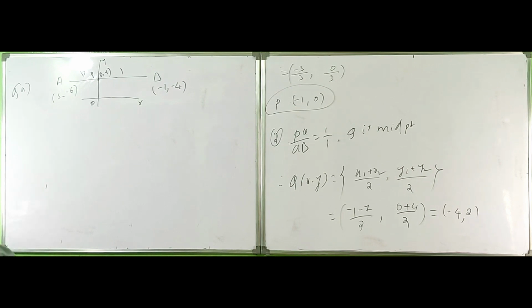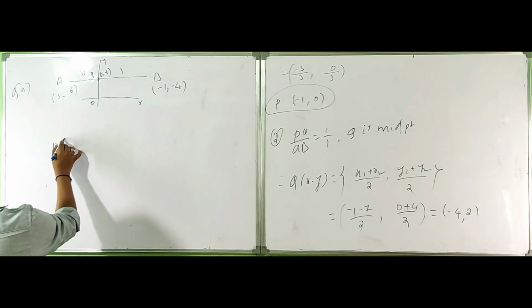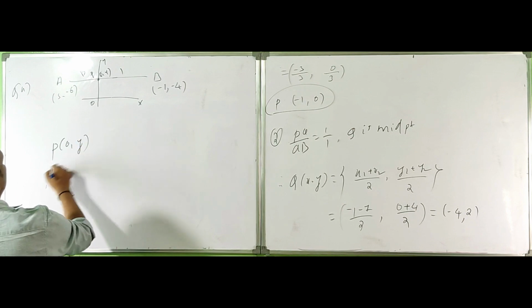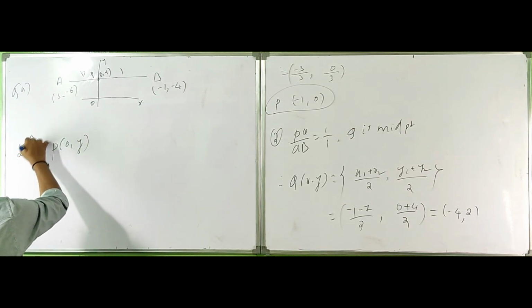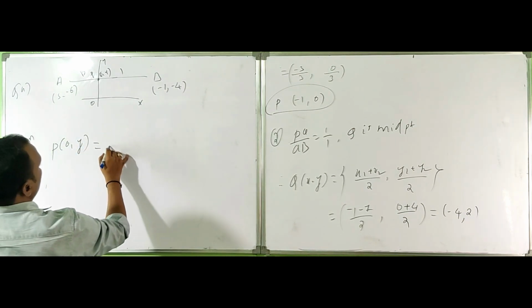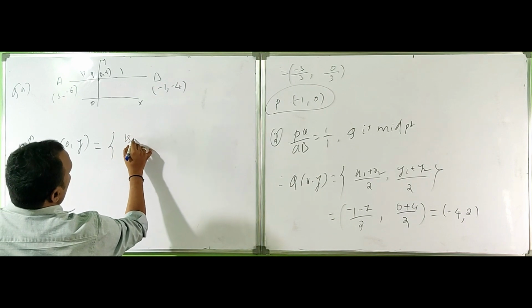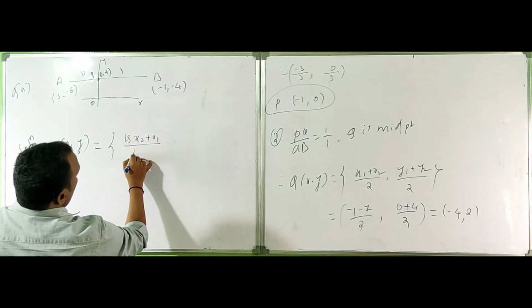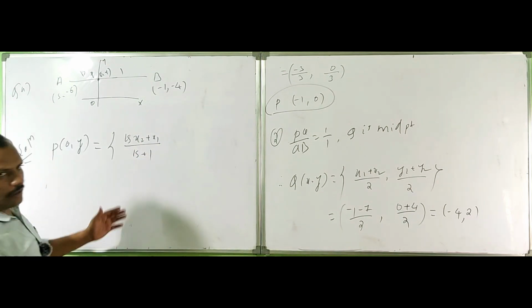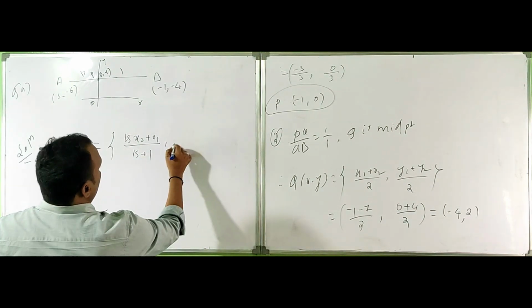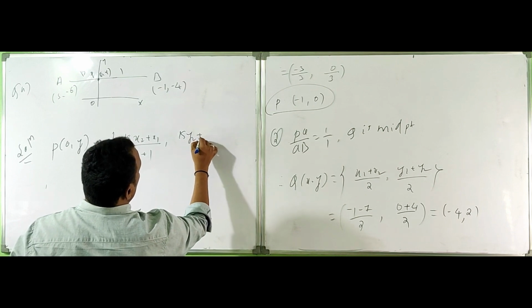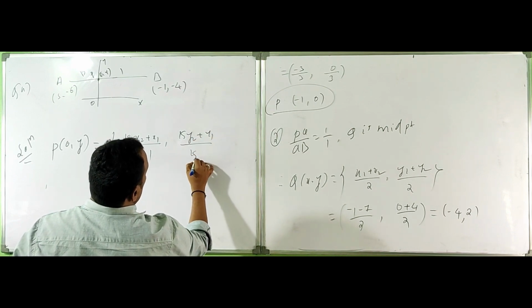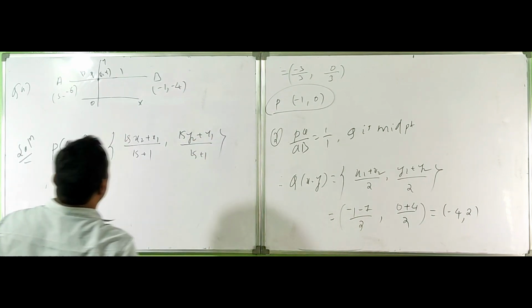The point P(0, y) is equal to (k x2 plus x1) divided by (k plus 1), and (k y2 plus y1) divided by (k plus 1).